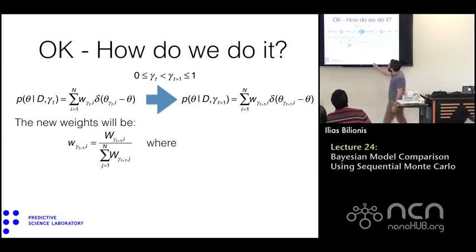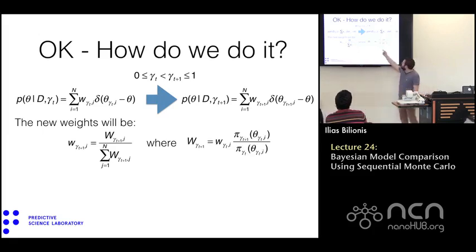So the new weights are basically coming from this expression, where this capital W is defined like this. This is the old little w, which is the normalized version of the weights. The capital ones are the unnormalized version. And here you have the ratio of the probability densities at the new gamma and the old gamma.